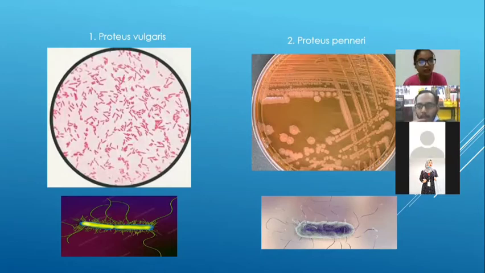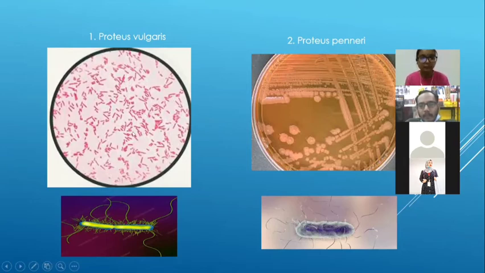Commonly causes nosocomial infections of the urinary tract. Usually, these bacteria won't cause infections in the gastrointestinal tract, but in the urinary tract. Actually, we have four types of Proteus, but I only showed you two, which are Proteus vulgaris and Proteus penneri. This is observation under microscope.